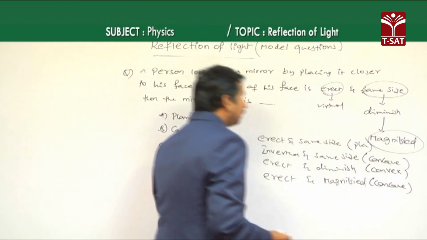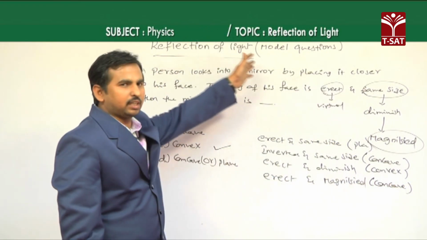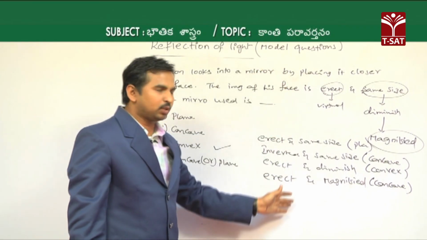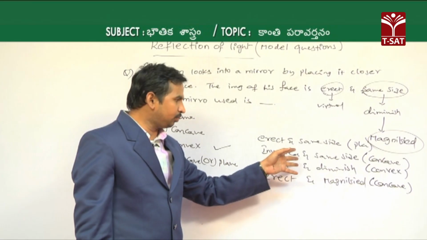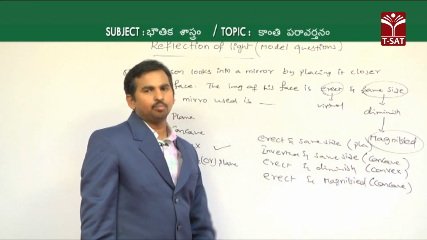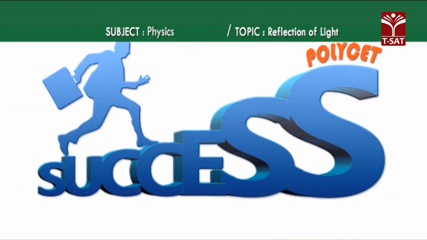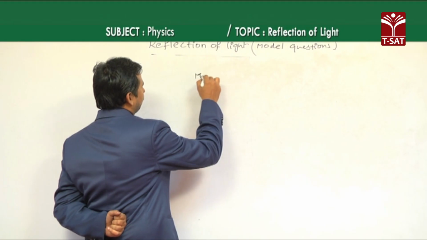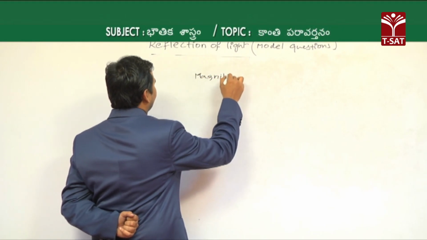So for the same question about the size or characteristics of the image formed, we can take any of these possibilities: erect with the same size, inverted with the same size, erect with diminished, or erect with magnified image. The next questions are actually based on magnification.